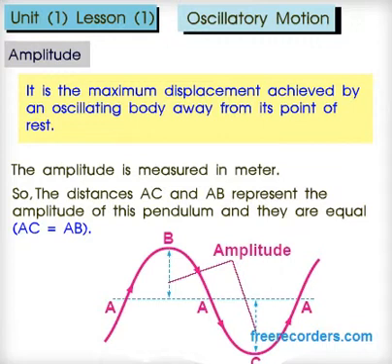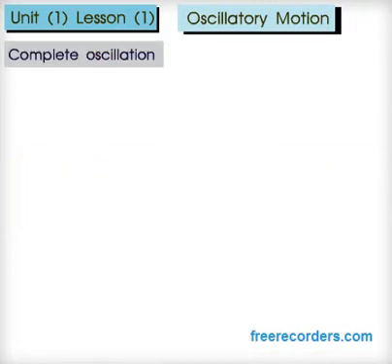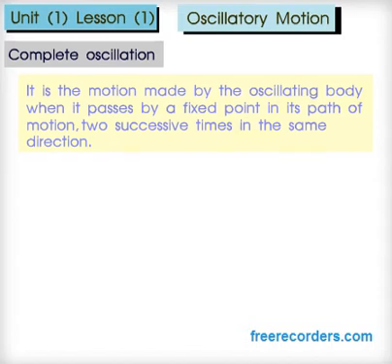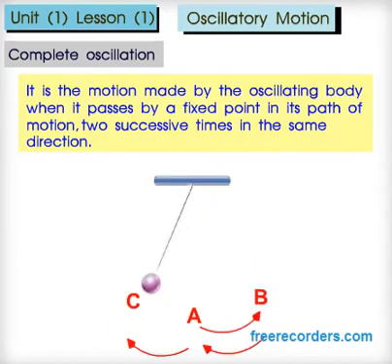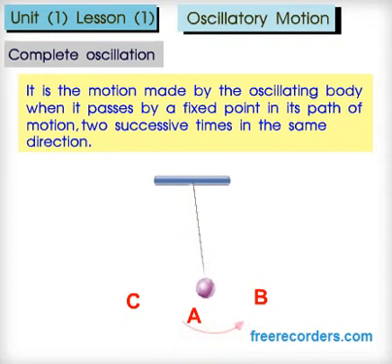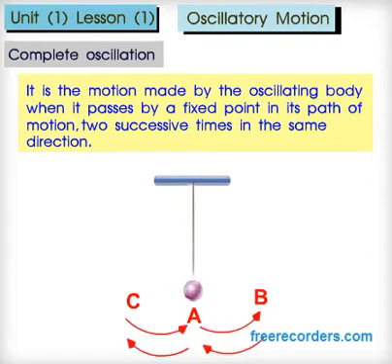Amplitude is the maximum displacement achieved by an oscillating body away from its point of rest. The amplitude is measured in meter. So, the distances AC and AB represent the amplitude of this pendulum, and they are equal. So AC equals AB.